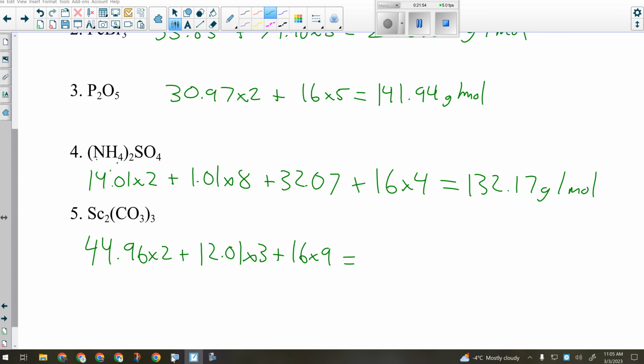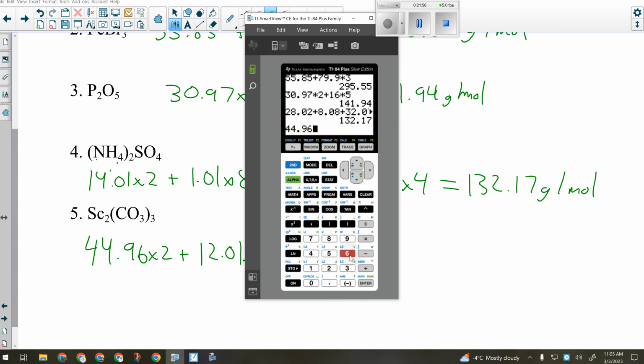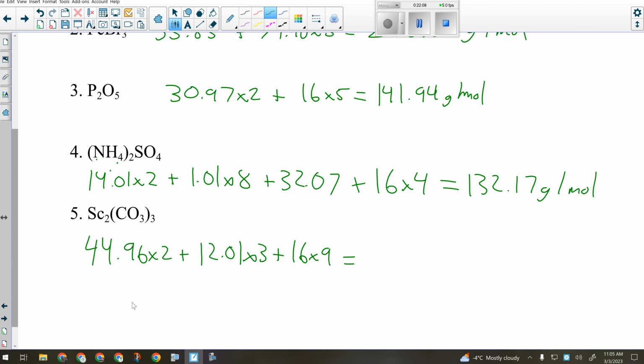So 44.96 times 2 plus 12.01 times 3 plus 16 times 9. So 269.95 grams per mole. Everybody all right with that?